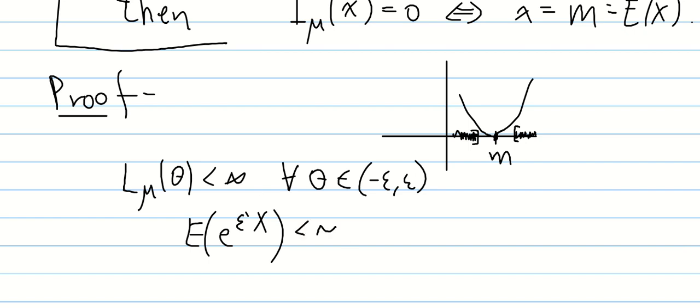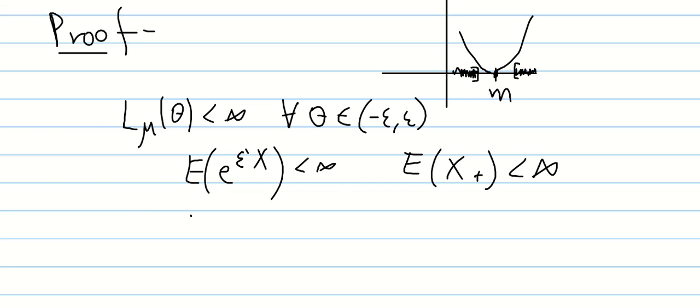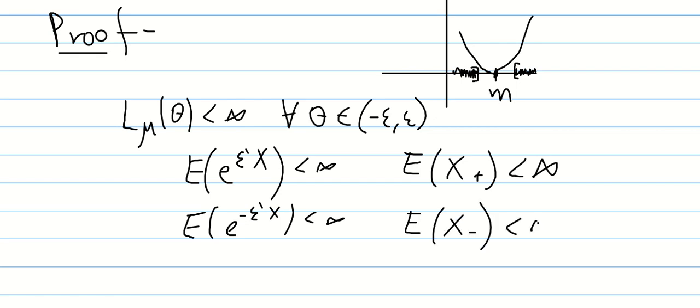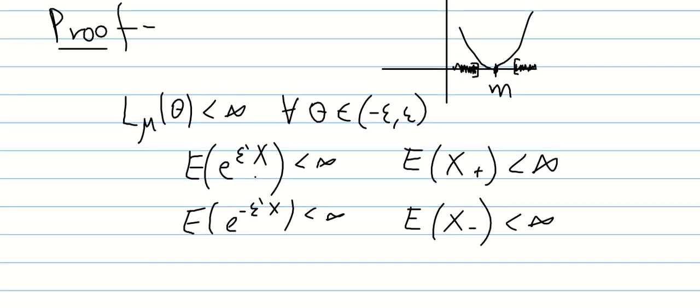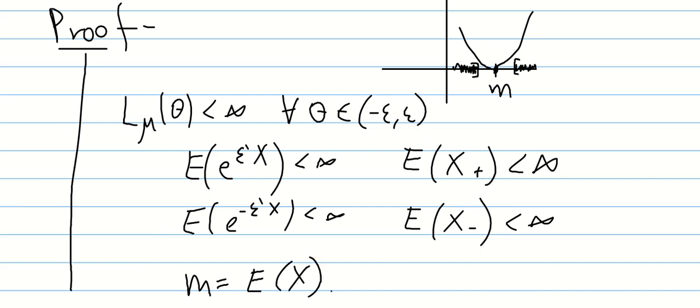So the fact that this is finite says that the expectation of x plus is finite. And the fact that this holds with a negative epsilon prime says that the negative part also has finite exponential expectation. So the tail is also light to the left. So in essence, this is a well-defined quantity. Okay, we're not talking about infinite when we take the expectation of x.